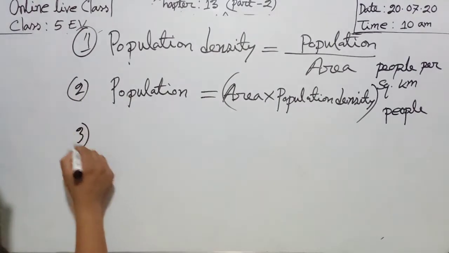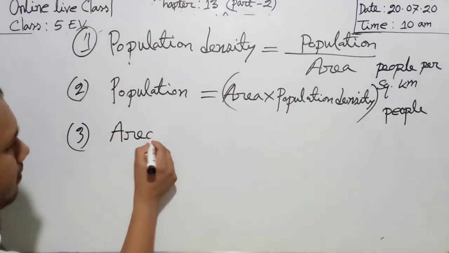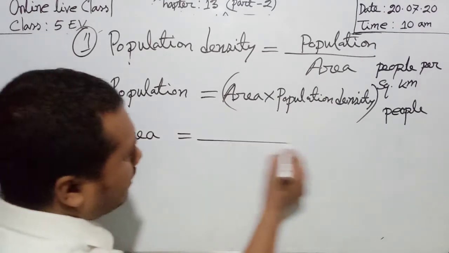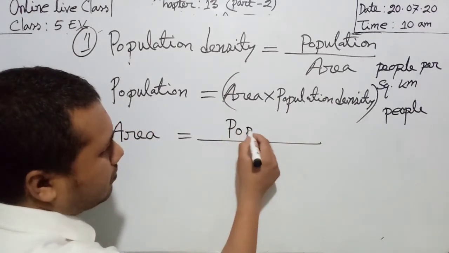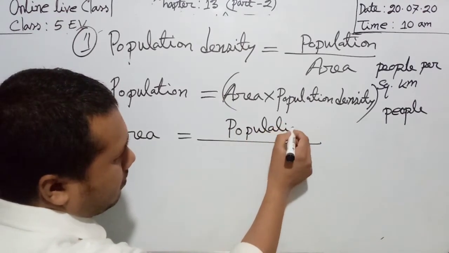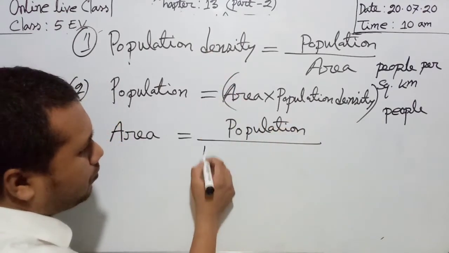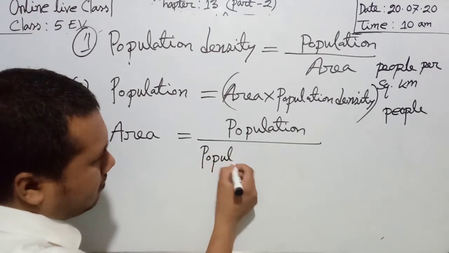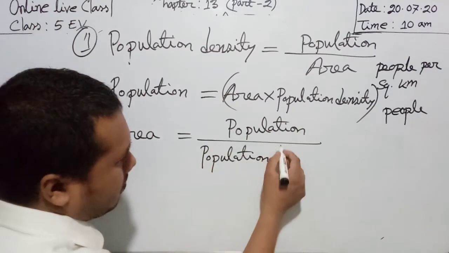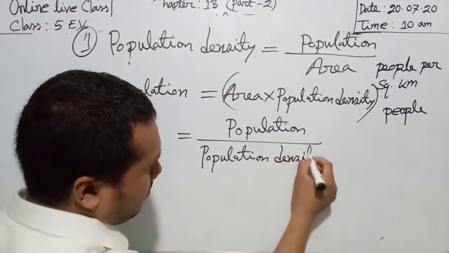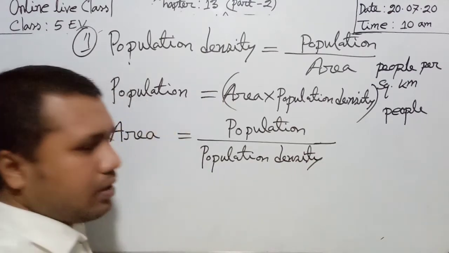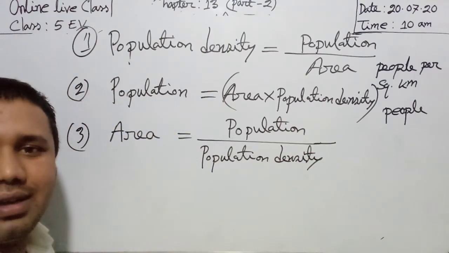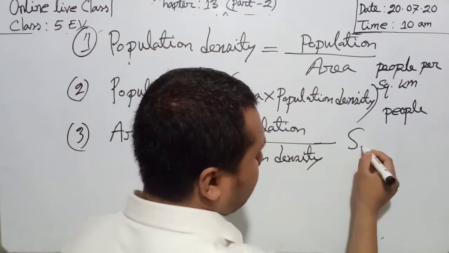Now third one, area. Area, that means you have to divide population by population density. And what will be the unit of area? Yes, square kilometer.